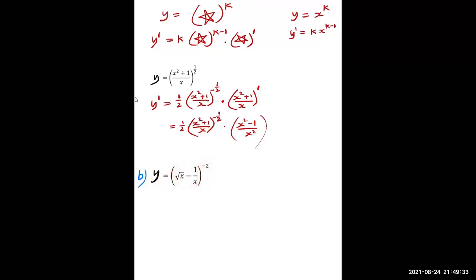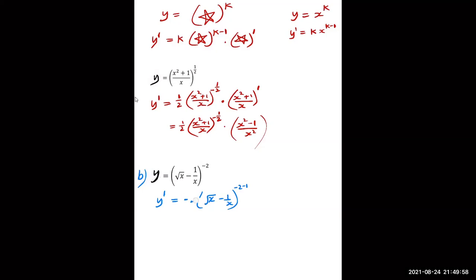To find the derivative, we apply the star rule. So we should have minus 2 times your star minus 1 over x to the power minus 2 minus 1. If you have star to the power k, that should be k times star to the power k minus 1 times the derivative of the star.